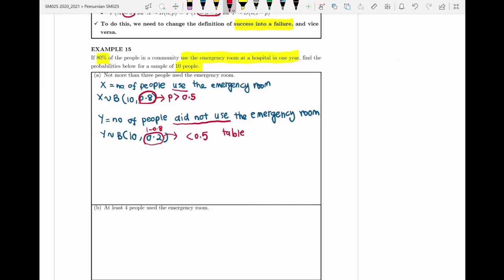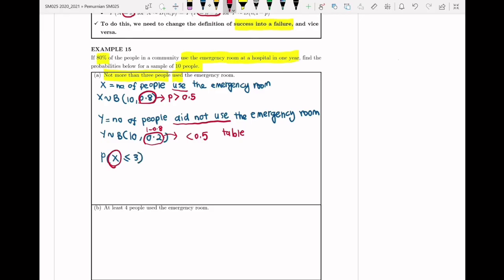Okay, now after we define our distribution, we will look at the question. Not more than 3 people use the emergency room. So P(X ≤ 3), since 3 is the maximum. Why do we use X?